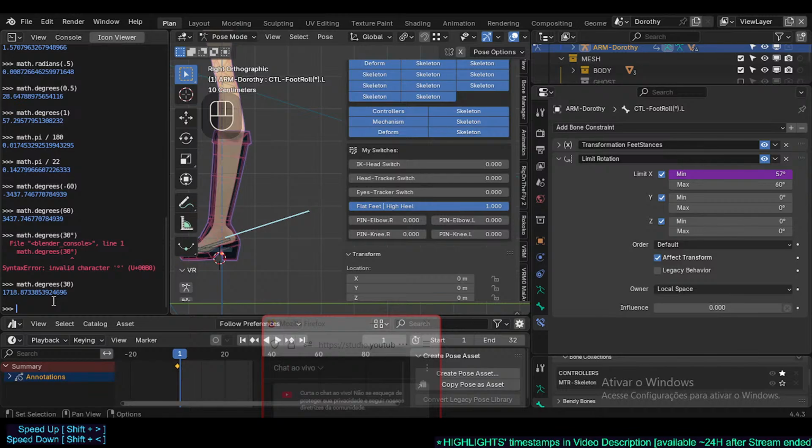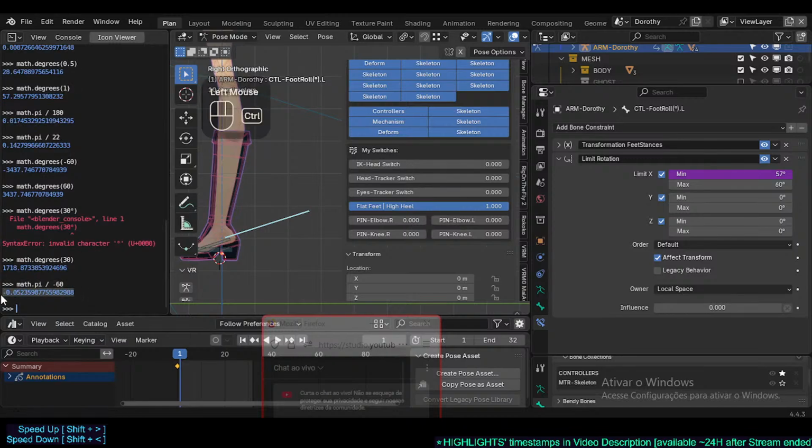Oh yeah, I'm doing it wrong. I want to know how much is negative. This is okay. So this is one thing that I need.